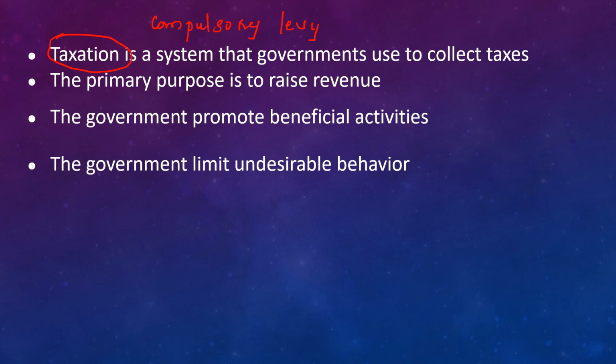And when it comes to taxes, you have to understand that tax can be of different types. Like it can be direct tax, it can be indirect tax. That is one way of looking at taxation.